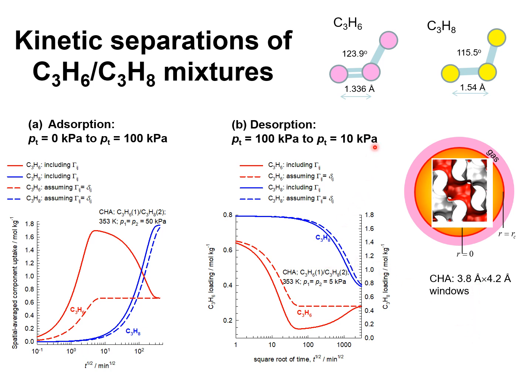The mixture adsorption equilibrium is in favor of propane, but due to subtle differences in bond lengths and bond angles, the diffusivity of propene is about 5,000 times larger than the diffusivity of propane.